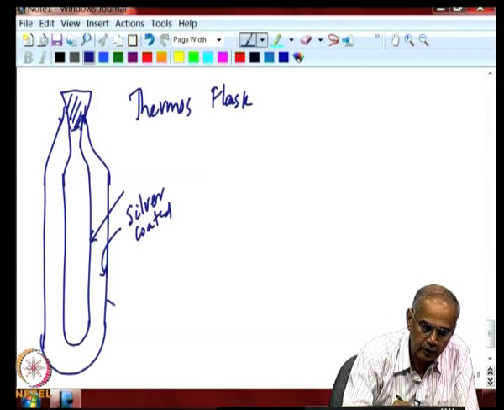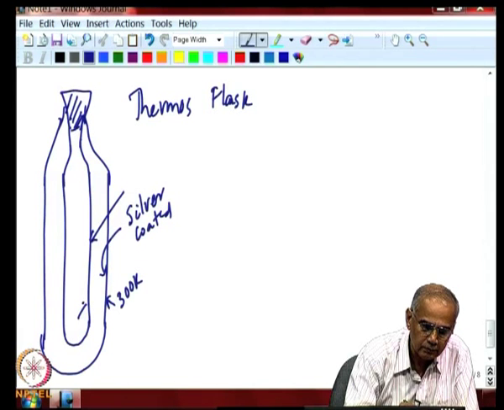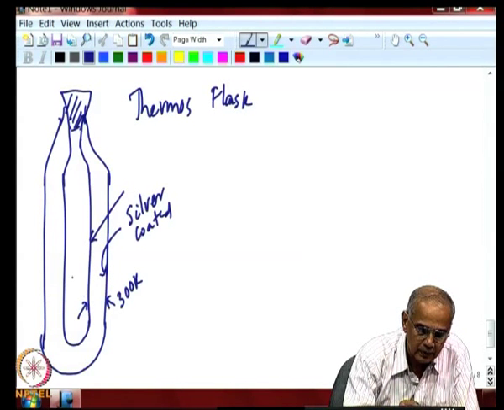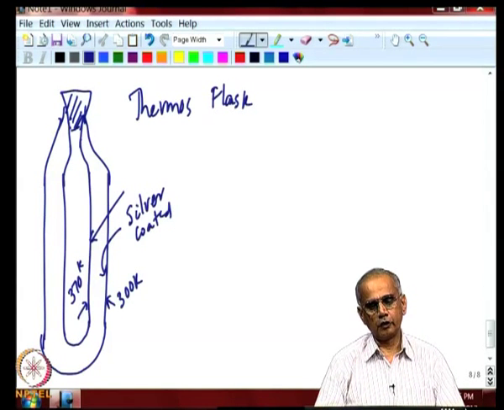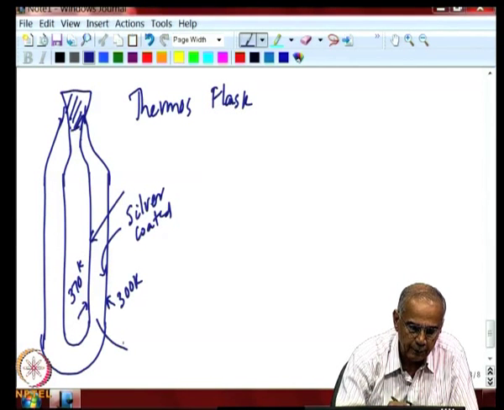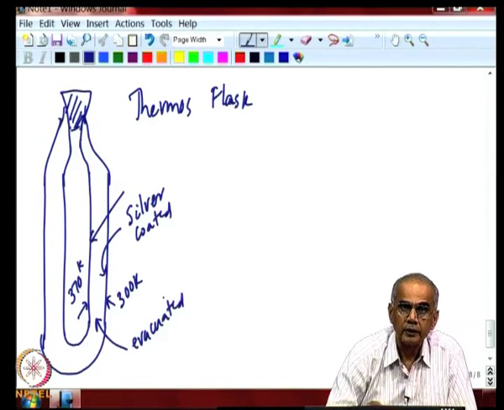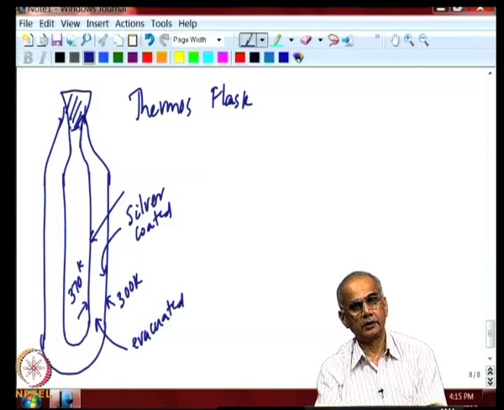So, the outside may be at a temperature of 300 Kelvin, room temperature, and inside, with hot coffee, maybe 370 Kelvin of that order, and there is heat loss from here to here, and this gap between the two silver surfaces is evacuated, so that you essentially minimize the convection and conduction losses.